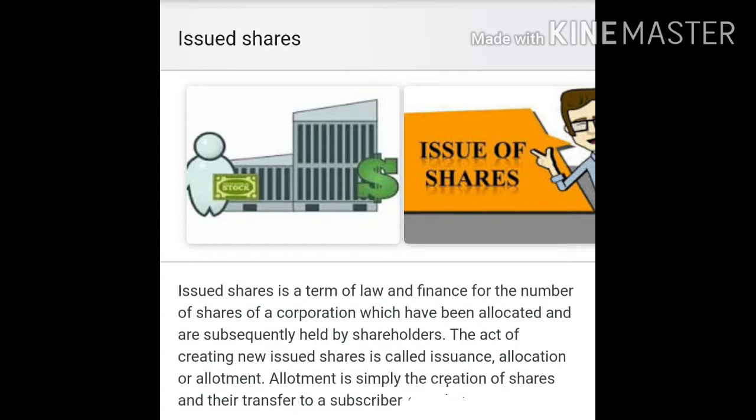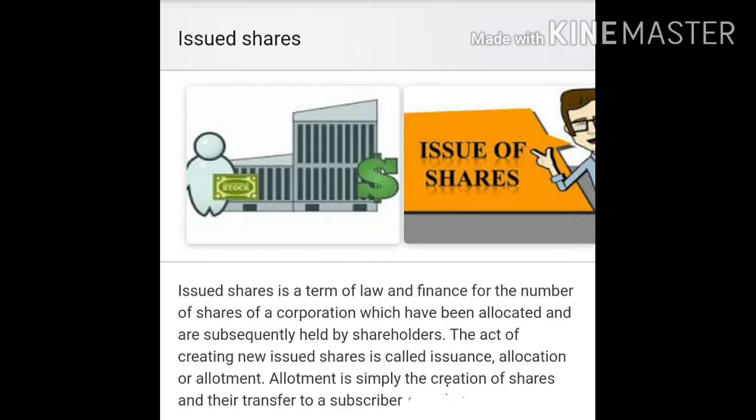Share capital is raised through the issue of shares, which are the smallest part of the total share capital of the company.